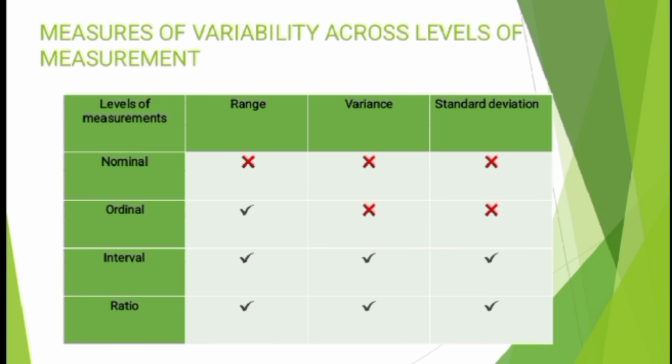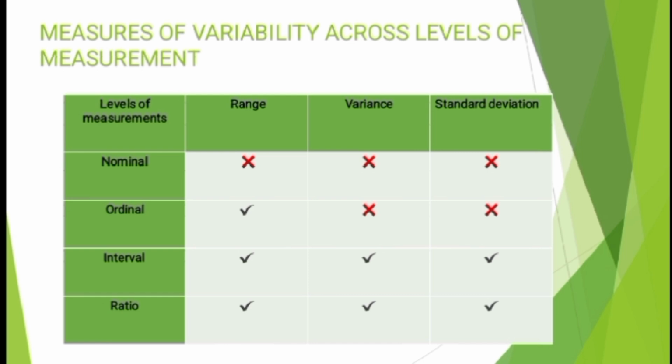Next is ordinal. Here, you can calculate the range for ordinal by finding the difference between the highest and lowest rank. The third one is the interval. Interval data allows for calculation of standard deviation and variance because the equal intervals between values make addition and subtraction mathematically valid.